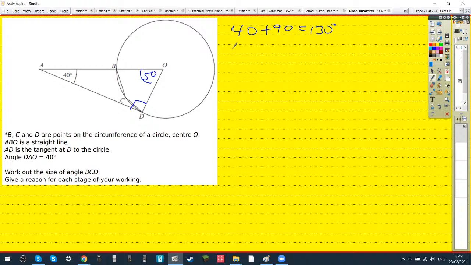So to get angle C, you can see the type of shape it makes.